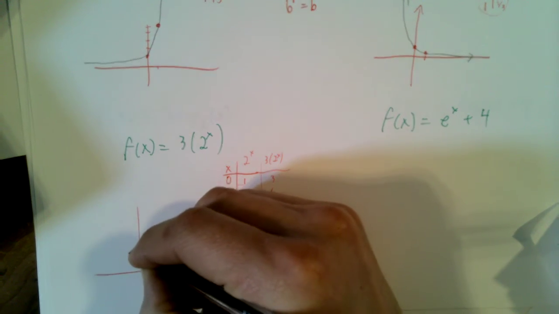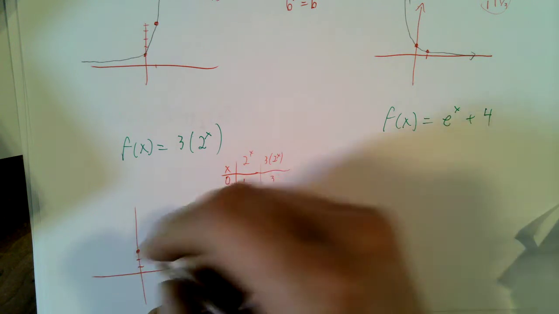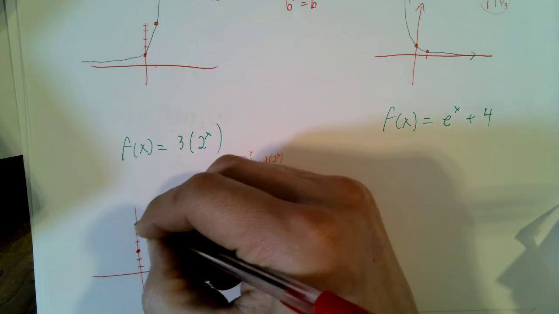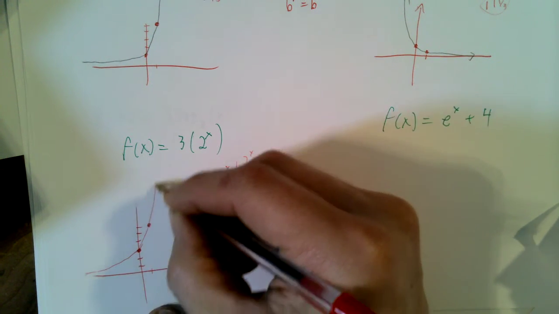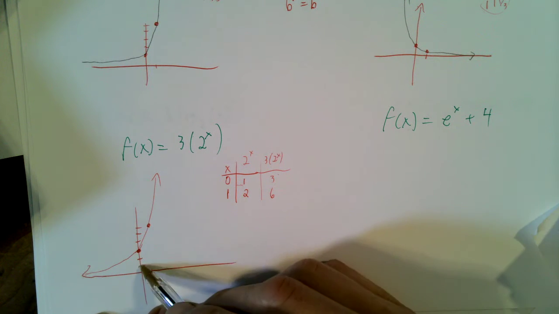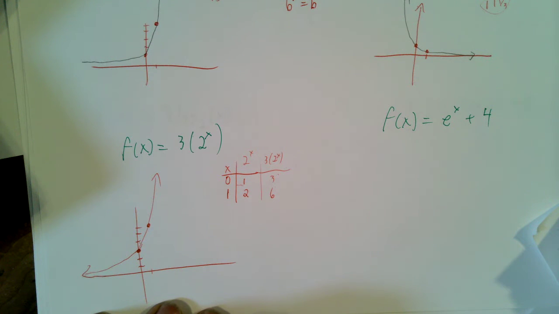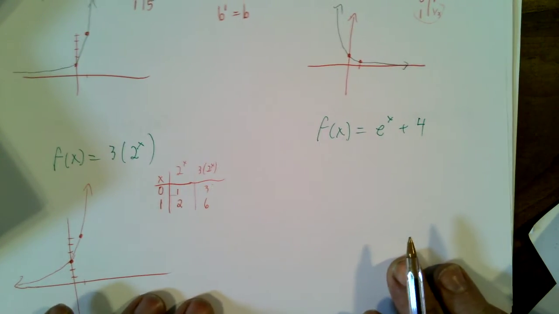So my exponential graph got stretched out. It's just had a vertical stretch done to it, but it's the same kind of shape. Instead of going through 0, 1, it goes through 0, 3. So that affects the y-intercept and stretches the entire graph vertically.